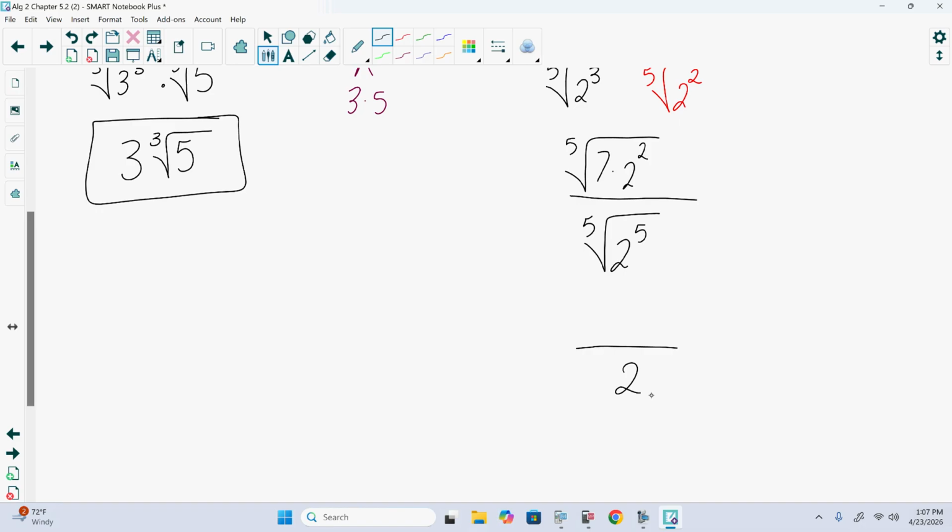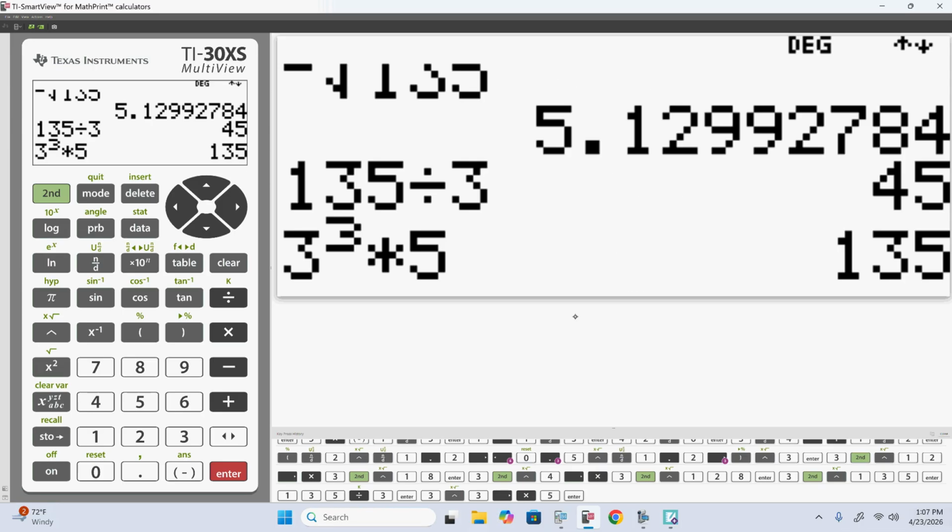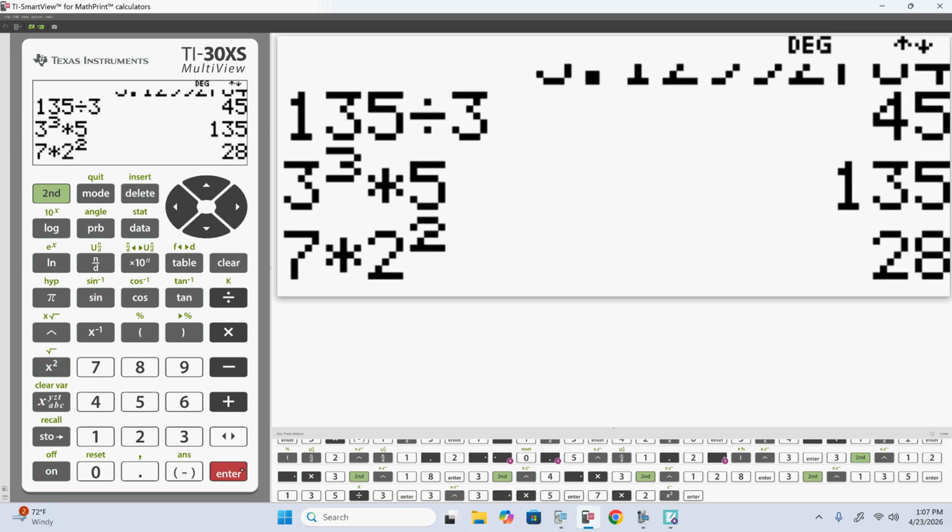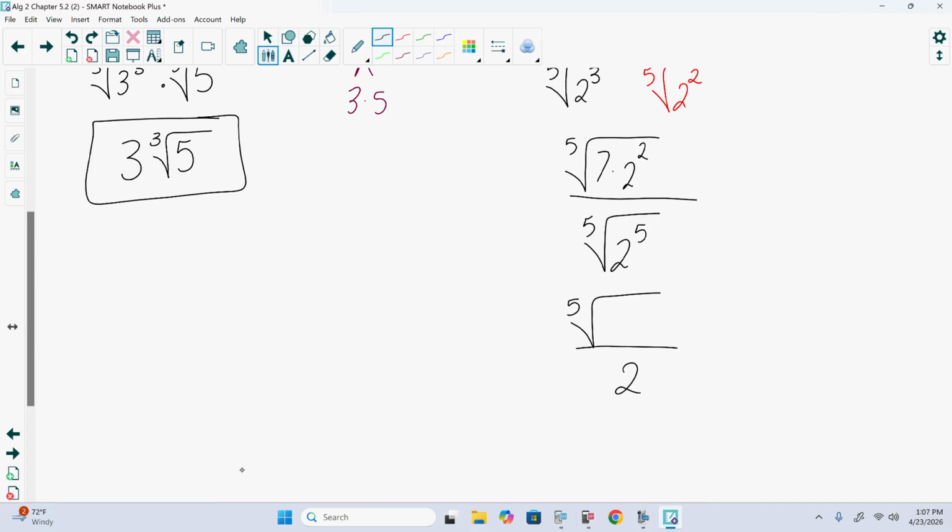That's why doing 8 to the 4th is not helpful, because we're adding perfect nth roots to the top, which have to be factored out and will be simplified out. But here, no. At this point, we could do it by hand, or I can say 7 times 2 squared, which is 28. Telling us that the 5th root of 28 over 2 is the simplified form.